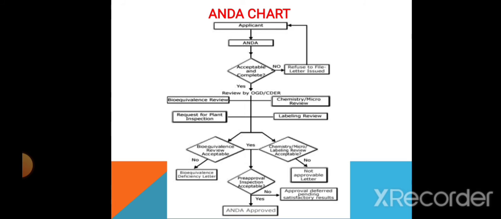it is reviewed by the OGD CDER, that is, the bioequivalence study is reviewed, chemistry and micro are reviewed, then a request for plant inspection.